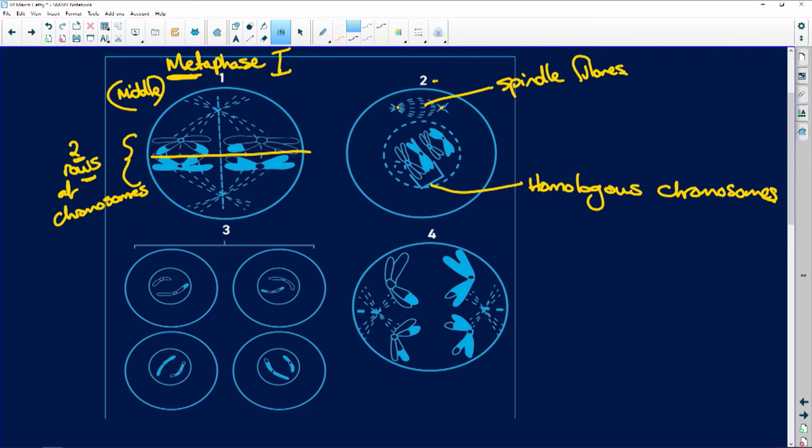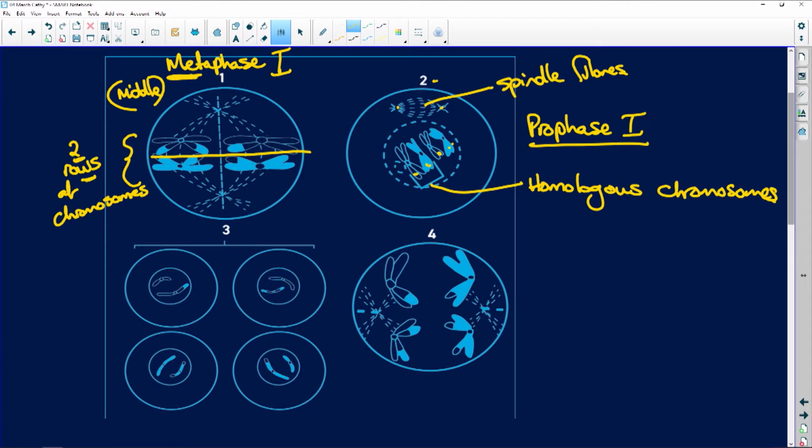Okay, here, crossing over hasn't taken place yet. You see that? And because crossing over hasn't taken place, that doesn't matter. This is going to be, what am I doing? It's prophase 1. How do we know this? Crossing over hasn't taken place.